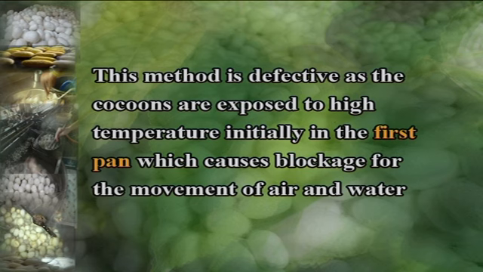Cocoons are processed in the third pan for 1.5 to 2 minutes before the cocoons are brushed for gathering the filament ends. This method is defective as the cocoons are exposed to high temperature initially in the first pan, which causes blockage of the movement of the air and water.